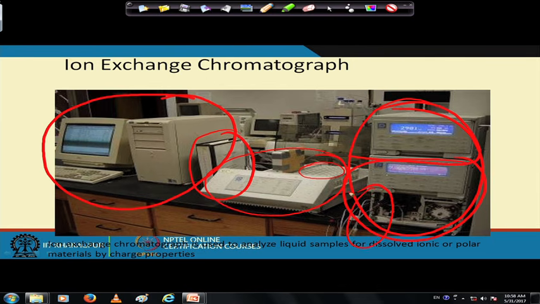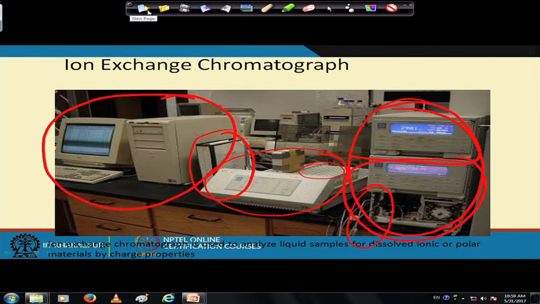What the column does is separate different fractions, and the detector, based on different anions, has different levels of conductivity. So it works on the basis of the conductivity of anions. Based on the conductivity numbers, you can predict the concentration.